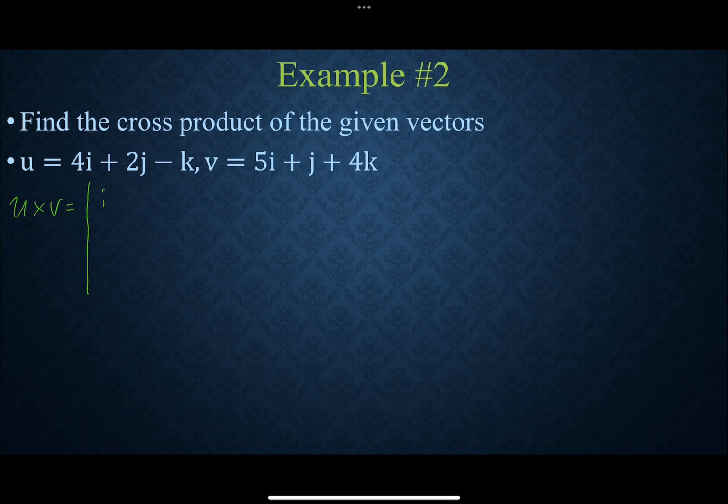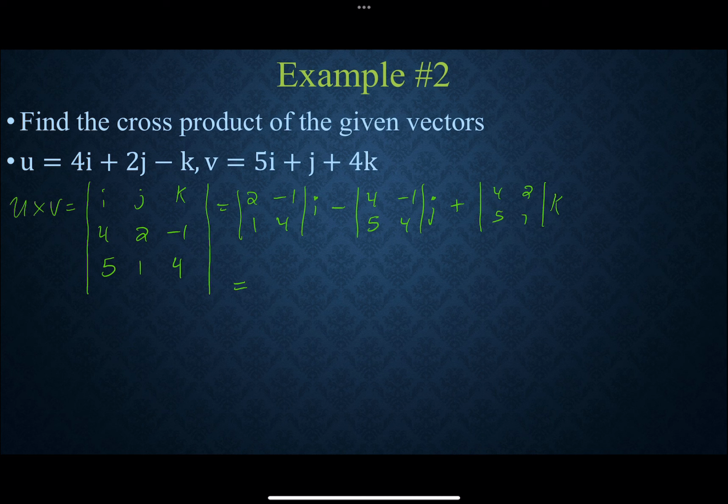Again, we have our I, J, and K in the top row, and then 4, 2, -1 and 5, 1, 4 in the second and third rows. Ignoring the I row and I column, we would have 2, -1, 1, 4 times I, minus, ignoring the J row and J column, 4, -1, 5, 4. And then for K, ignoring the K row and K column, you'd have 4, 2, 5, 1.